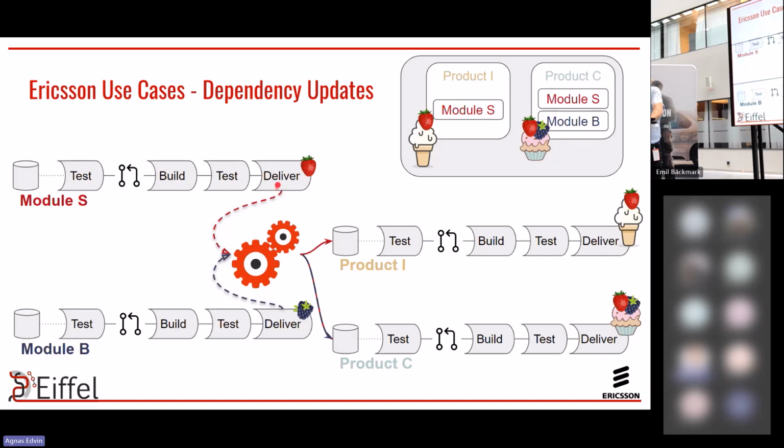Yeah. So what this delivery is in actual Eiffel events, I don't state it here, and it's up to you to define it. It could be a certain confidence level, for example. If you call it promotion, that's perfectly fine to call it that as well. So you can decide to integrate this on the very earliest promotion level you have, or you can say, I want to wait until it's promoted to the highest grade before I integrate it.